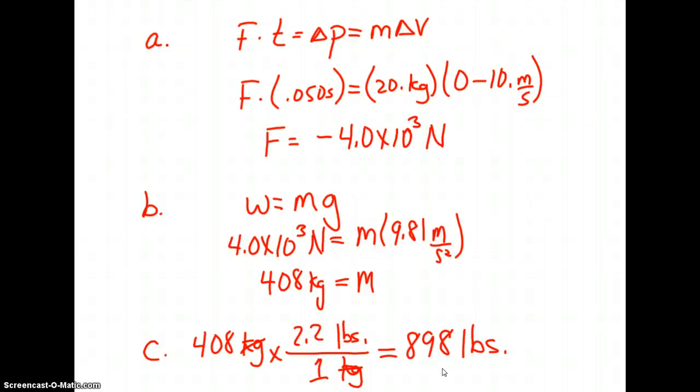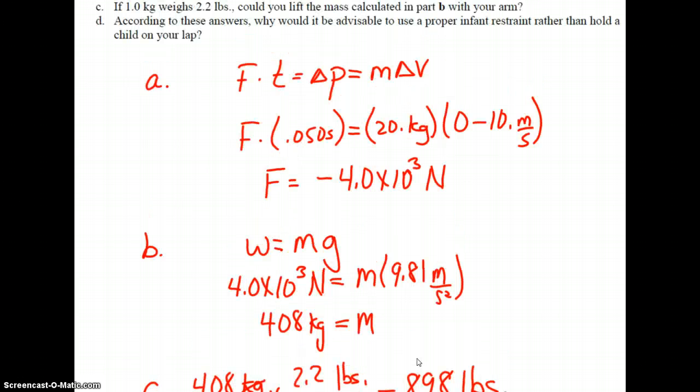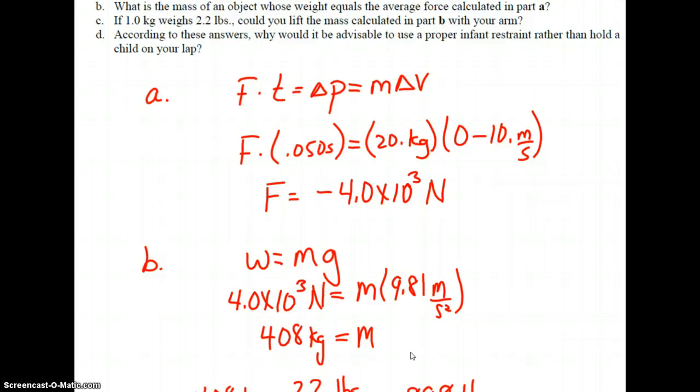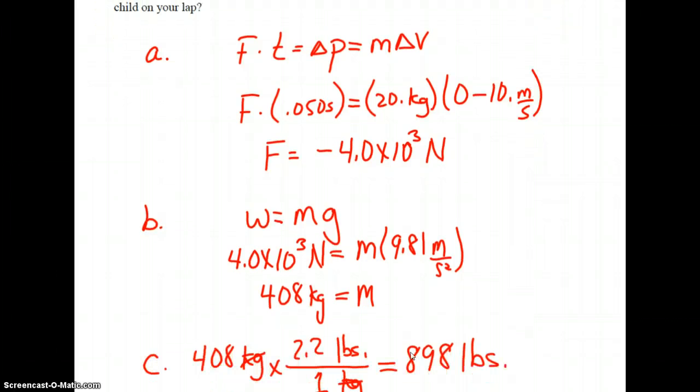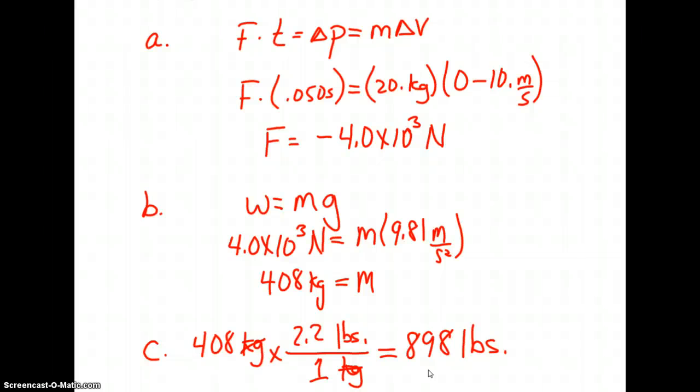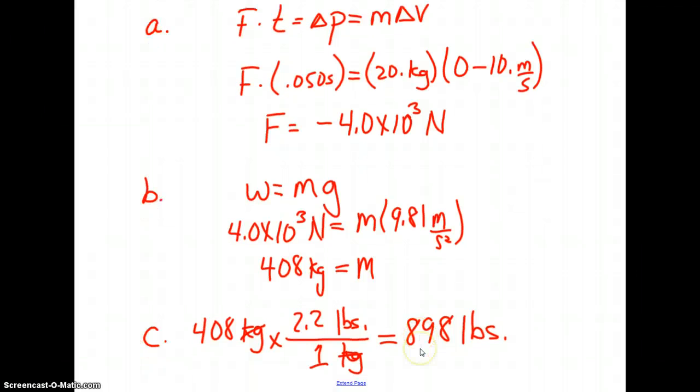Essentially what has been done here for B and C is that they have converted this force in newtons to force in pounds that we can relate to, and that's 898 pounds. Could you lift that much weight? Could you apply 898 pounds of force to prevent this from happening?